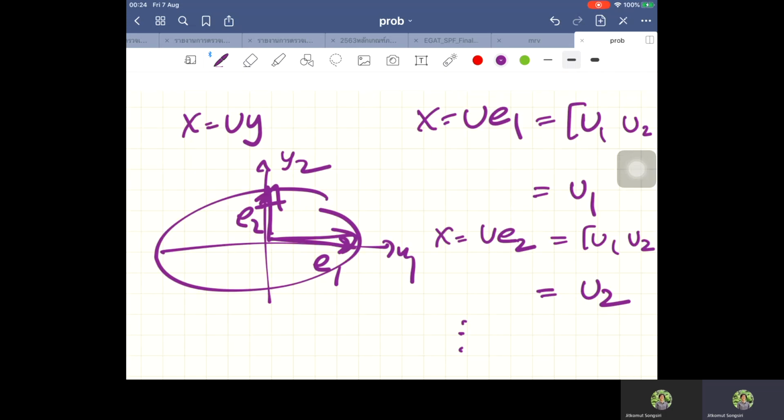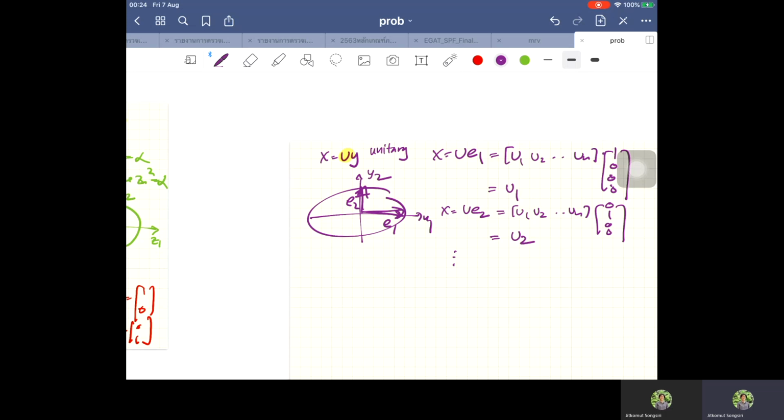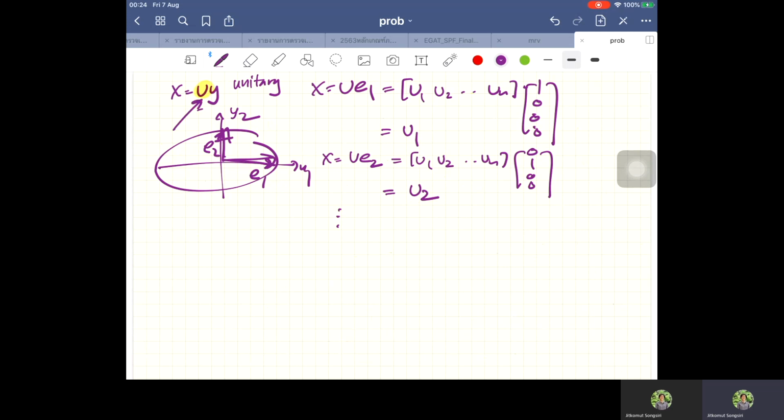One more thing. You know that U is a unitary matrix. What we have seen before from the matrix analysis is that one main property of a matrix transformation with a unitary matrix is that the norm does not change. The norm of x is going to be the same as the norm of y.